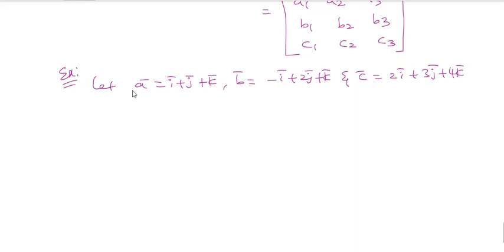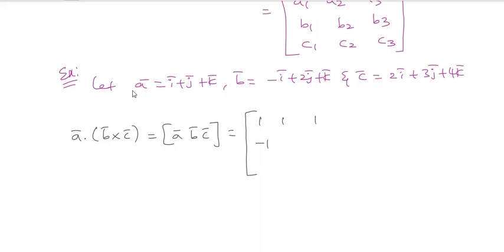Now I am calculating the box product, that is a bar dot b bar cross c bar, which is the box of a bar, b bar, c bar, which is the determinant with rows 1, 1, 1, minus 1, 2, 1, then 2, 3 and 4.